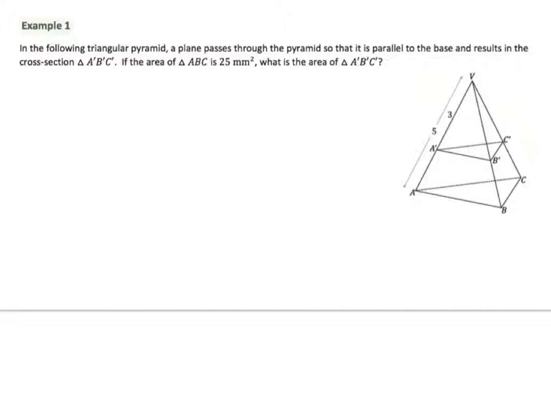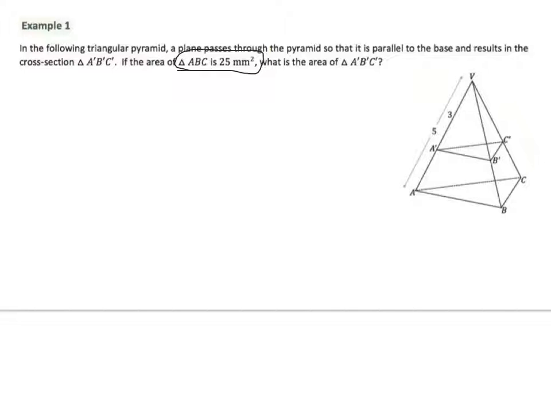In the following triangular pyramid, a plane passes through the pyramid right there, so that it's parallel to the base and results in the cross-section A prime, B prime, C prime. If the area of triangle ABC is 25 millimeters squared, what is the area of triangle A prime, B prime, C prime?